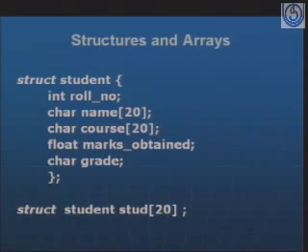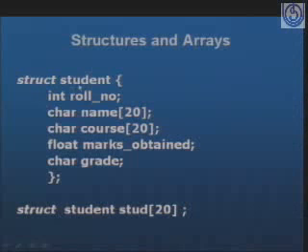I had designed the blueprint, and if I have to use that blueprint only for two structure variables, then I can declare structure variable 1 and structure variable 2, and access the members by using the dot operator. But if I want to use the same structure for 30 or 40 students, then I can't declare stud1, stud2, likewise 30 structure variables. In order to shortcut that, we have the concept called arrays.